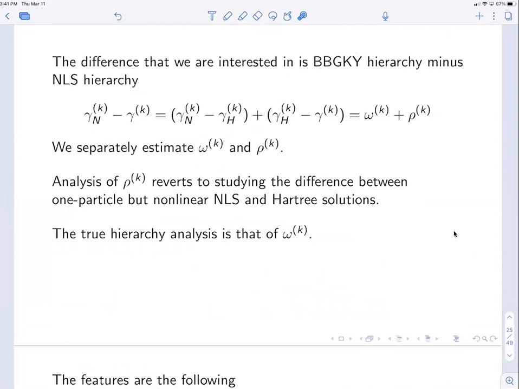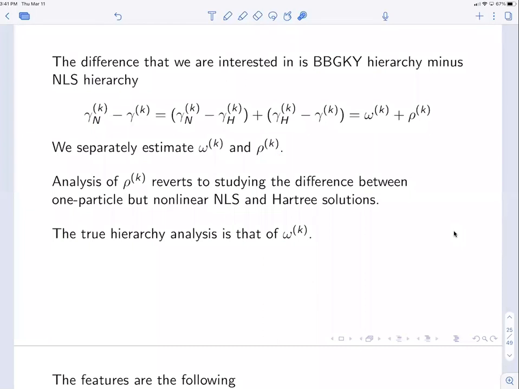So the difference that we're interested in is the BBGKY hierarchy minus the NLS hierarchy. So that was gamma nk minus gamma k. So our technique is to pass through the Hartree hierarchy. So we look at gamma nk minus gamma hk plus gamma hk minus gamma k. So that is, we look at omega k plus rho k. And then we separately estimate omega k and rho k.